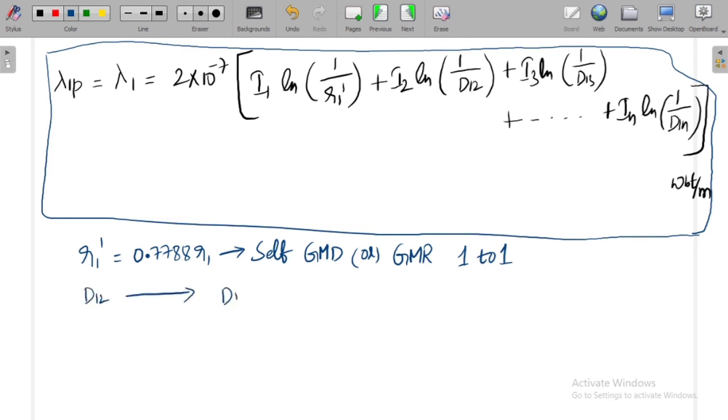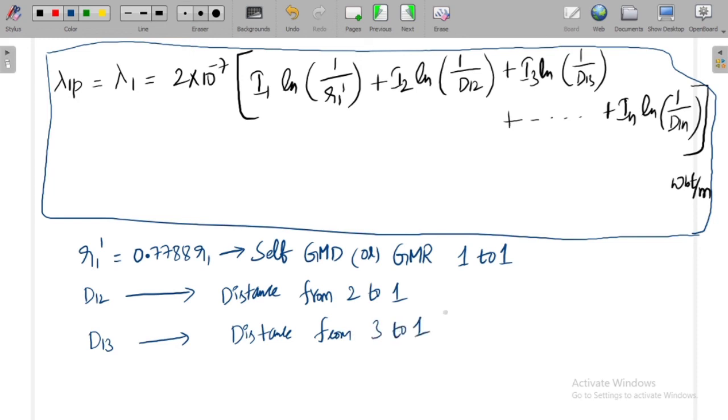Understand this as the distance from first conductor to first conductor, right? Now what is d12? D12 is nothing but the distance from second conductor to first conductor. In the third term I am observing d13. What is d13? Actually d13 is nothing but the distance from third to 1. Similarly d1n.